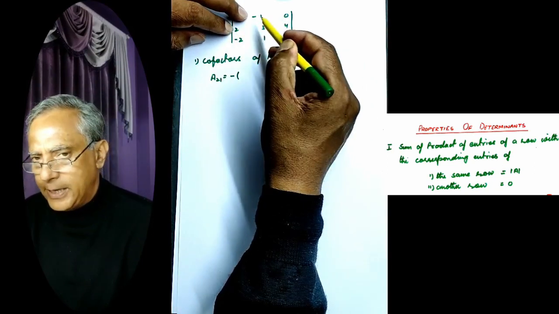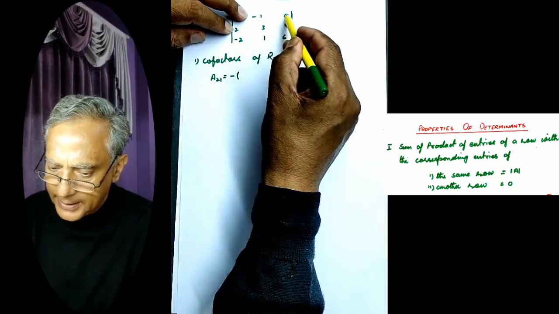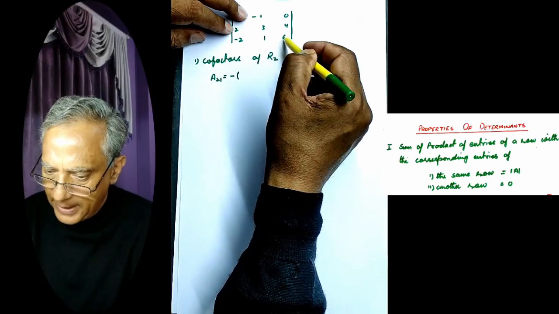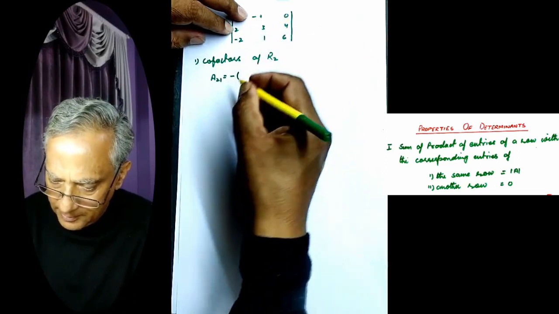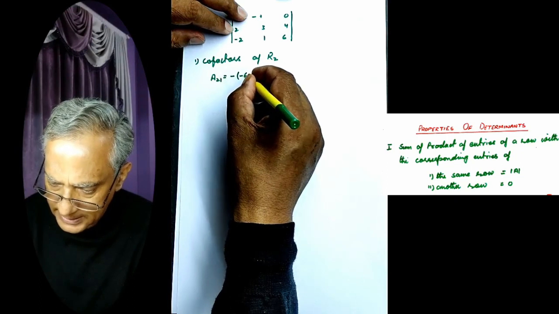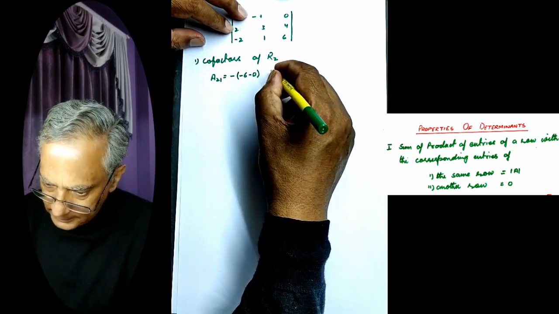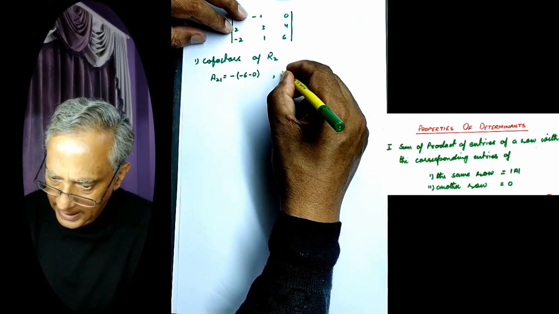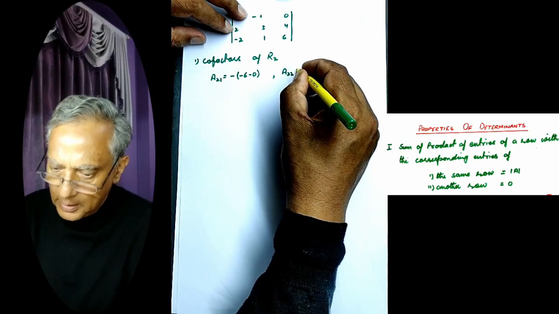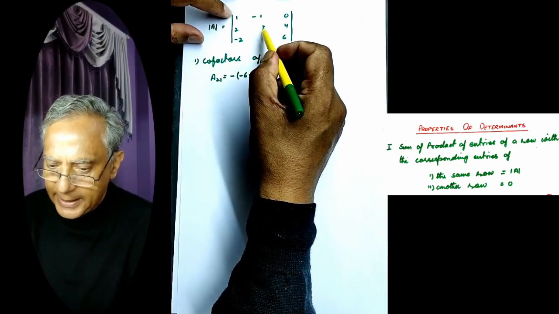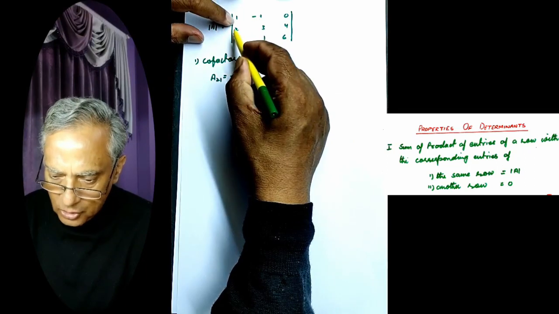We will evaluate directly from here. This into this will be -6 and this into this will be 0. So this will be -6 minus 0. Next is A22, the second row, second column. This row and this column are gone.